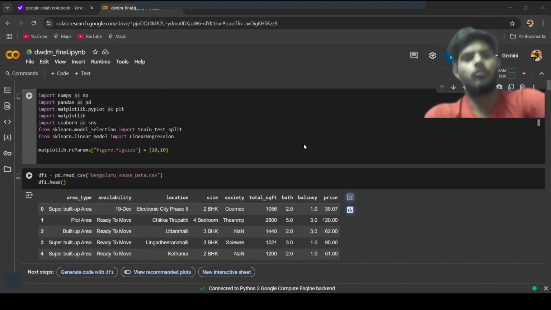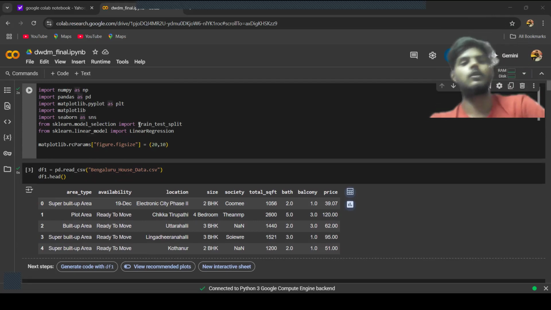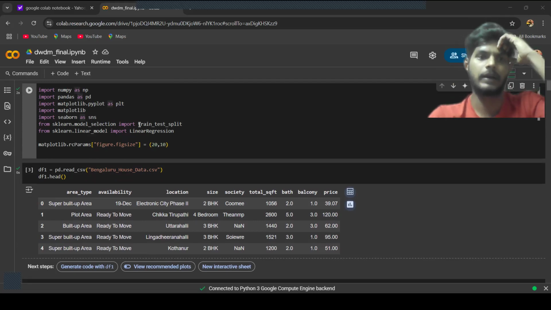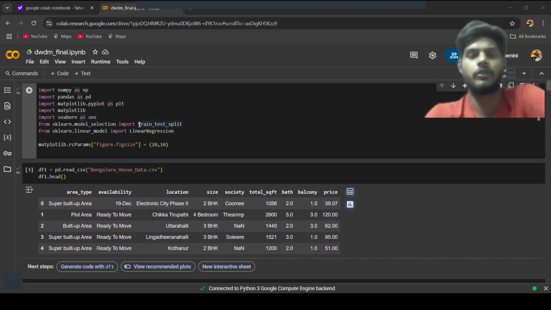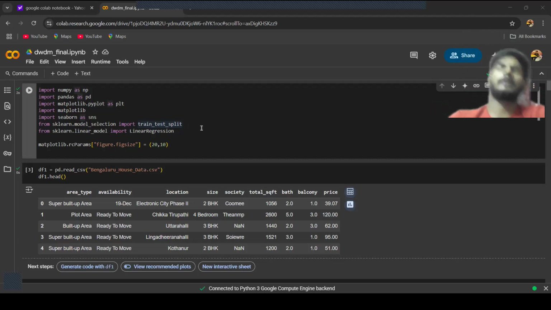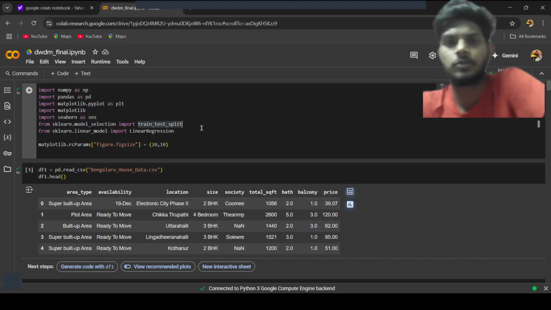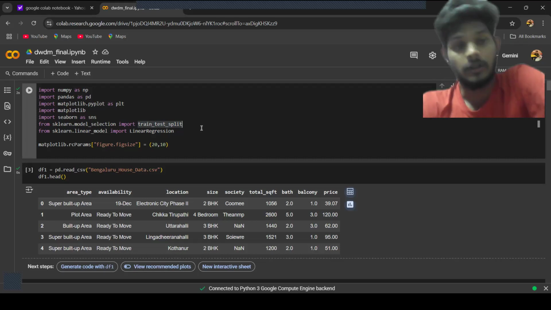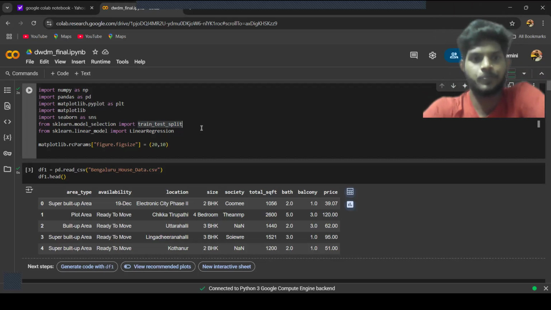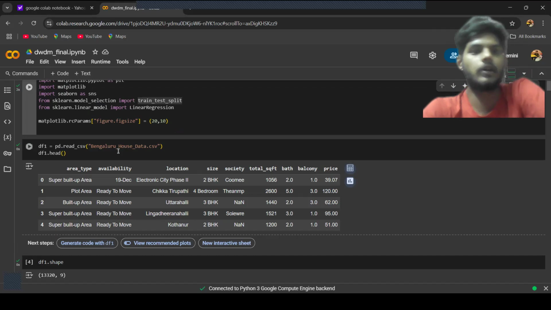Here we are using libraries like NumPy, Pandas, Matplotlib and Seaborn for visualization, and training on the dataset using three models: Lasso, Linear Regression, and Decision Tree. Here we are giving the input.